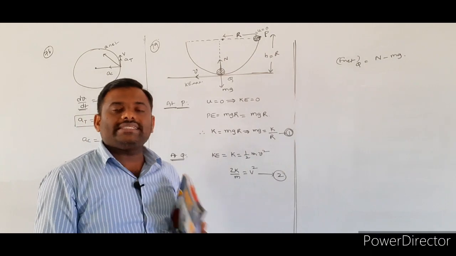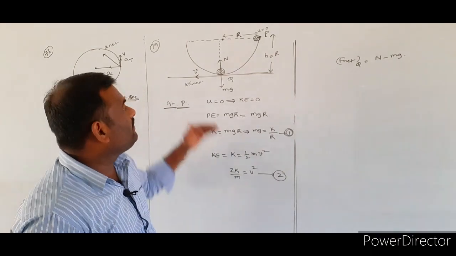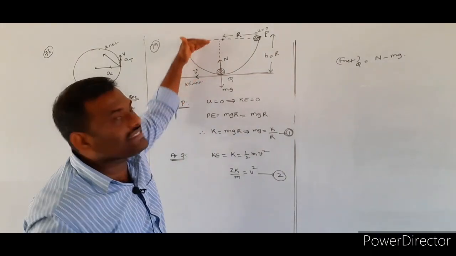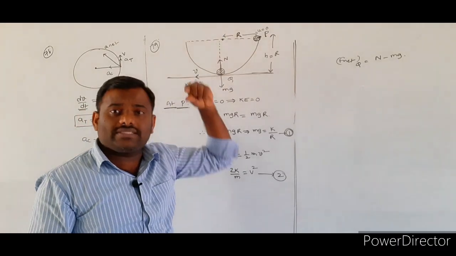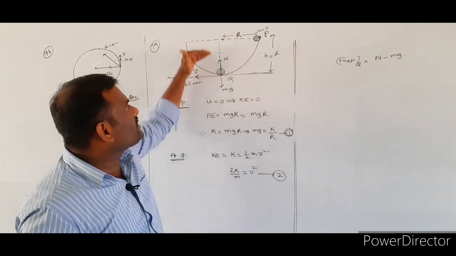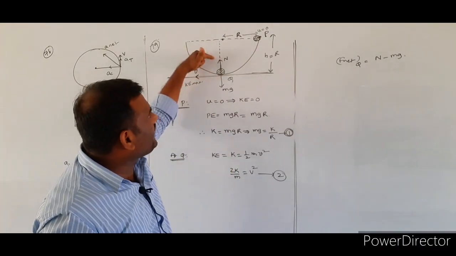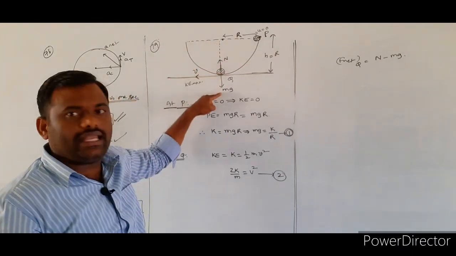And why N minus mg? Always the centripetal force is acting towards the center of the circular path, so that normal reaction will be greater than the weight.